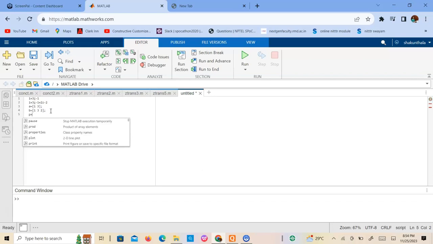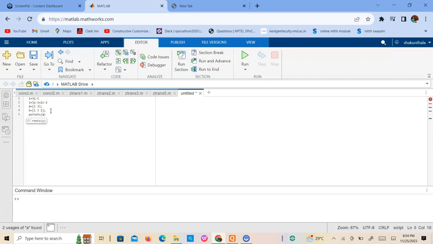So let us consider it as p equal to roots of the numerator term, okay, and then q equal to roots of b, okay, and then we can give zplane of a comma b, that is numerator coefficients and denominator coefficients, okay.